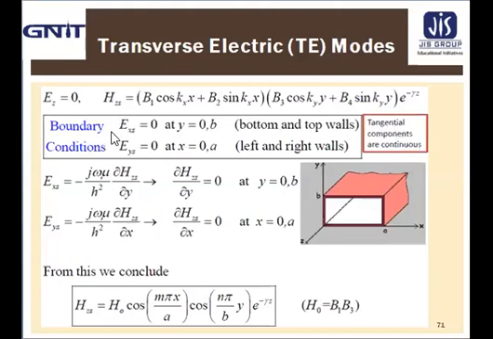From that boundary condition, we can write that Ex is equal to 0 when y equal to 0 and y equal to b. And also we can write that Ey is equal to 0 when x equal to 0 and x equal to a.